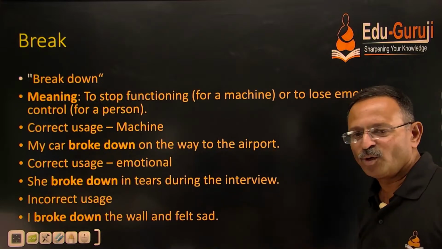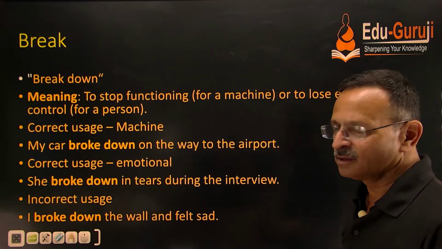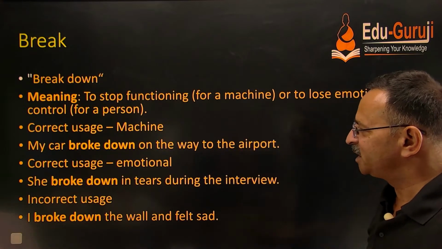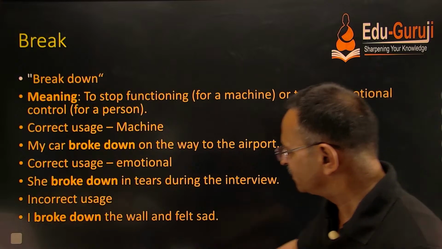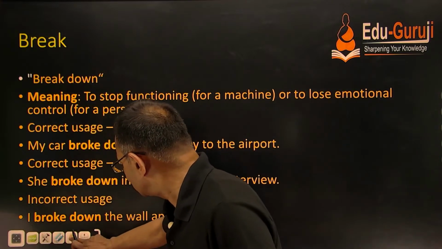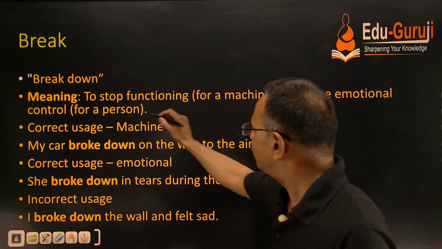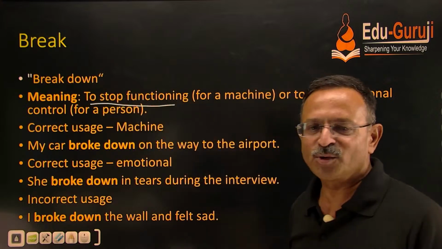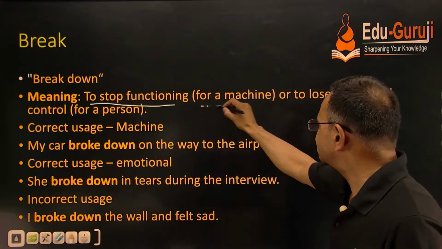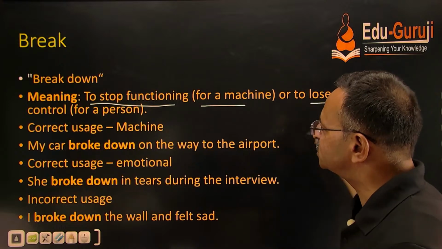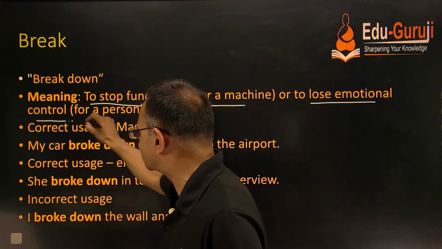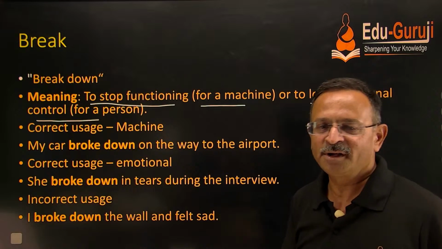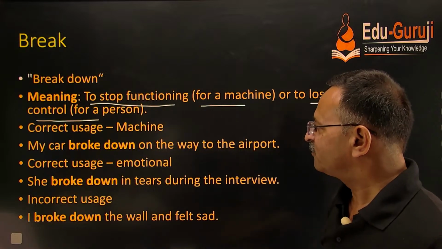We can take one more example, that is breakdown. So let's see what it means. Breakdown means to stop functioning. I'm sure you must be knowing this particular word, for a machine, or to lose emotional control for a person. We use this phrasal verb for two reasons.